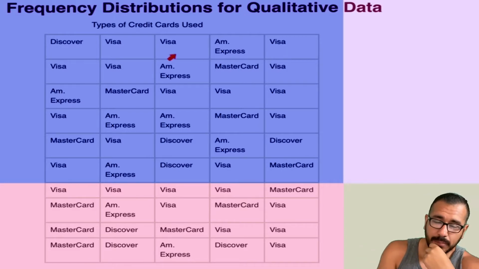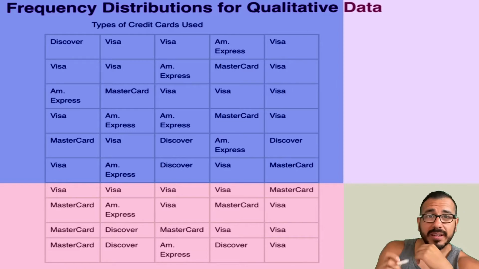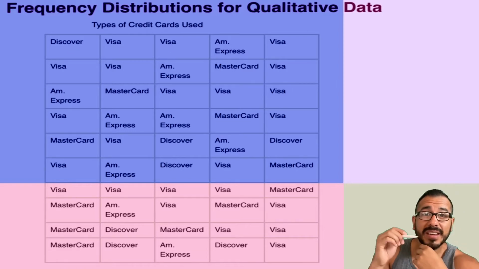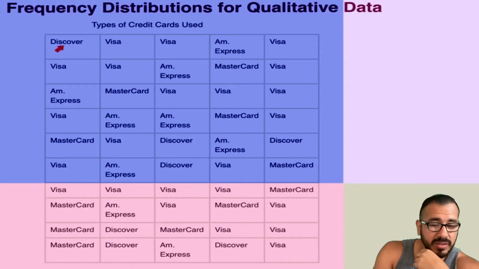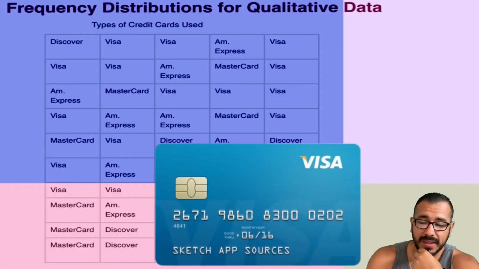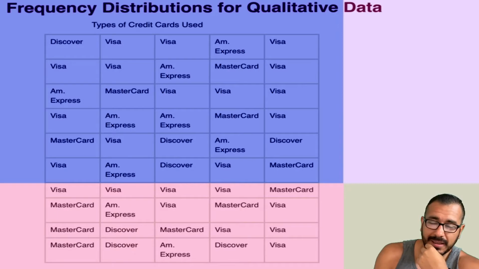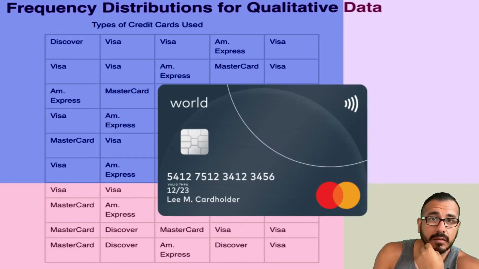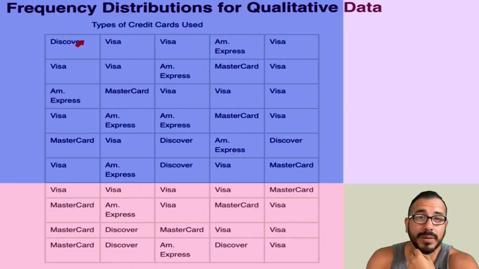For this example, let's pretend we're in a store, and we're going to take a tally every time someone uses a credit card, and keep track of what type of credit card they're using. So this person used the Discover, this person used the Visa, this person used the American Express, and then we have all these cards, MasterCard, debit.